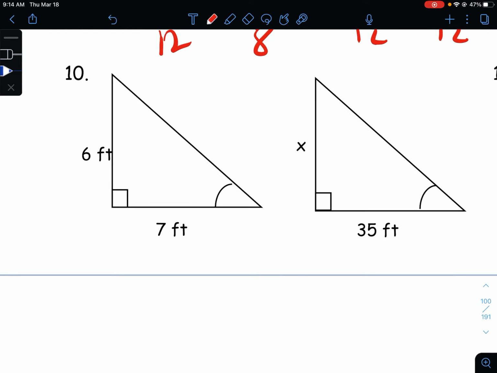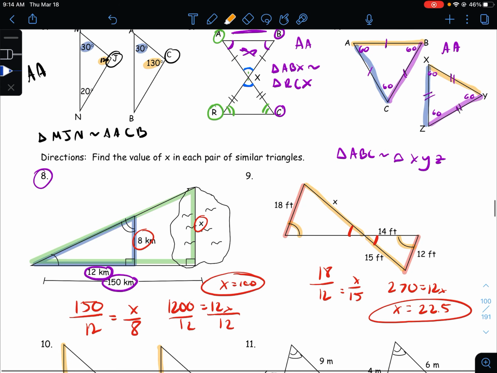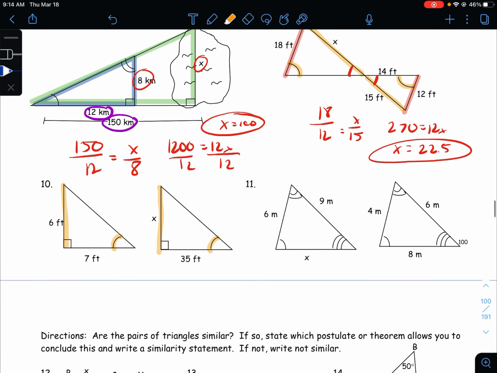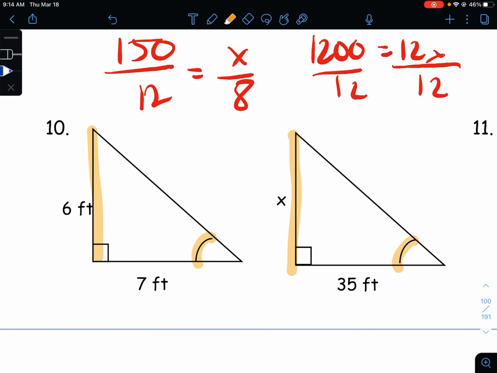All right, next one. So again, we've got our congruent angles. Opposite sides are proportional. And then it would mean, since these are both 90, it would mean that these guys would go together.